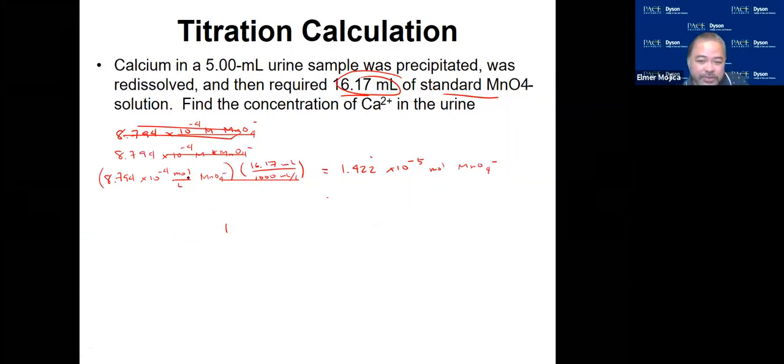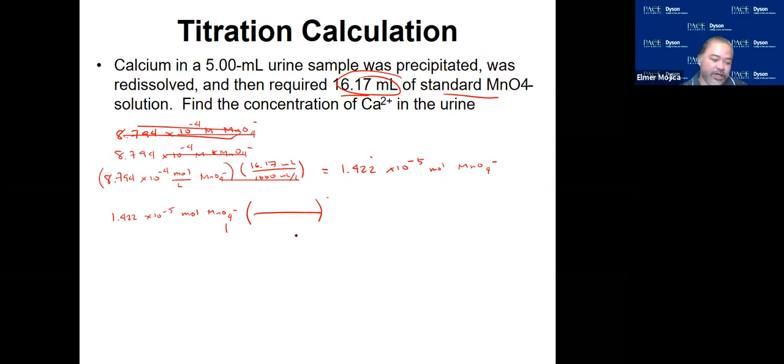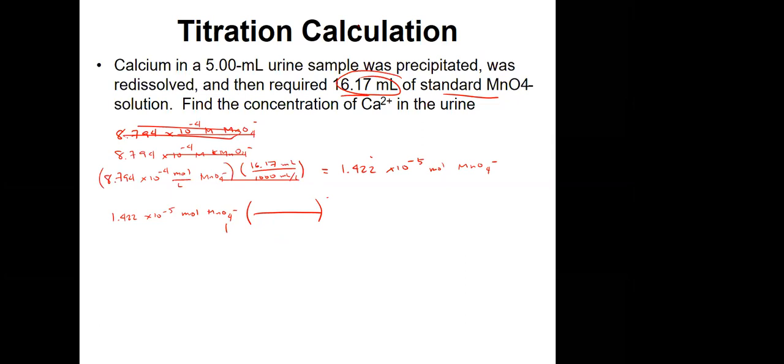So what will I do next here from 1.422 times 10 to the negative 5 moles MnO4 minus? So how will I set them up here? Anyone? The others who have not answered yet? I think you multiply it by 2/5.